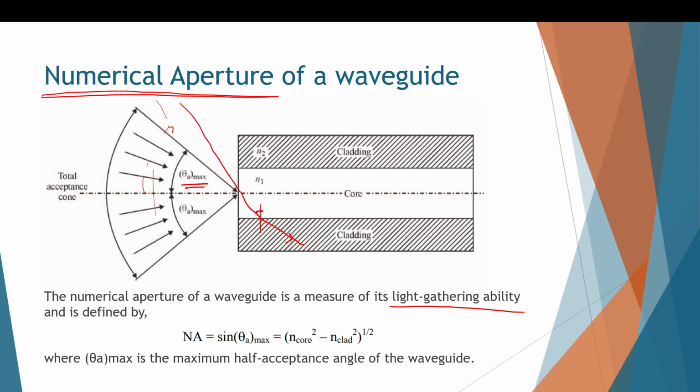As you can expect, it depends on the core and the cladding refractive index. So this is the formula. It is defined as the sine of the half acceptance angle. So this is the full acceptance angle, and with respect to the normal, it will be the half acceptance angle.